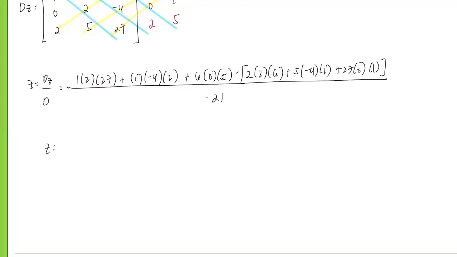So upon calculation, 1 times 2 times 27 plus 1 negative 4 times 2 plus 0, minus 2 times 2 times 6 plus 5 negative 4 times 1.